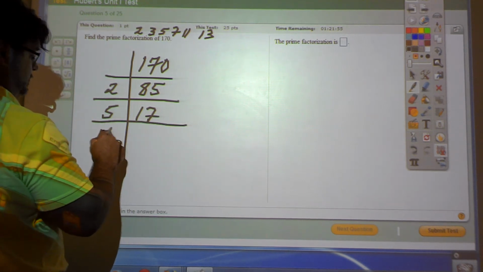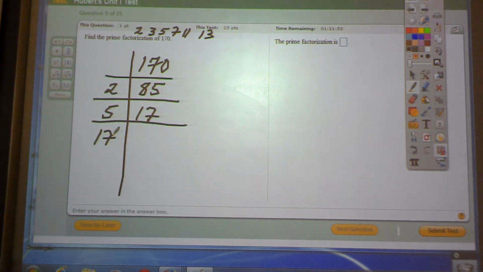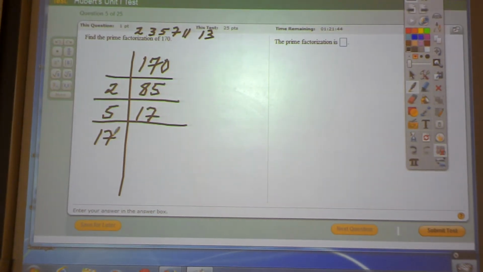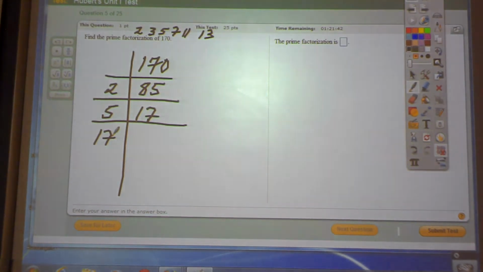Guess what? Done. That's it. 17 is a prime number. So it's 2 times 5 times 17.